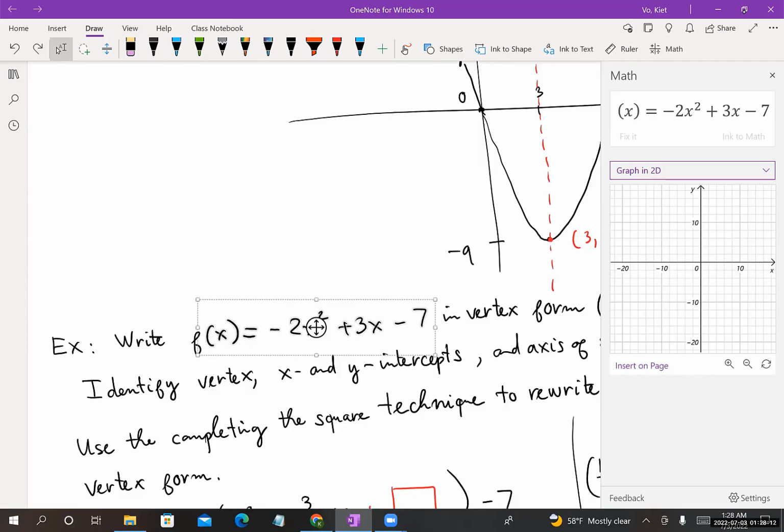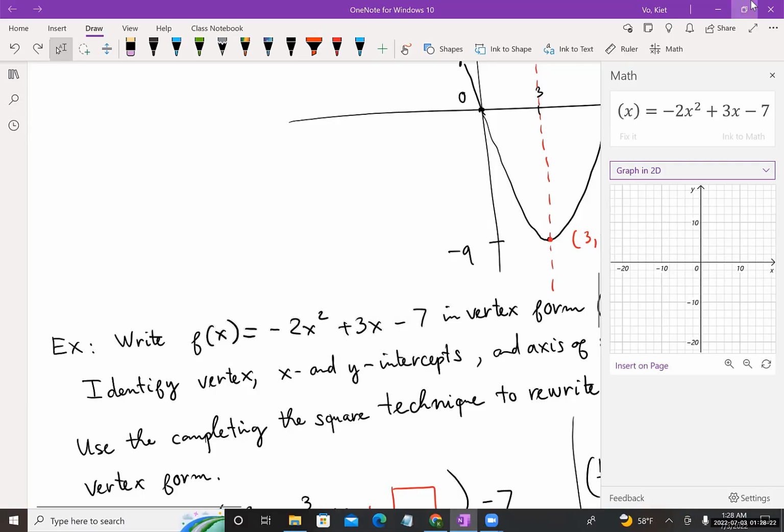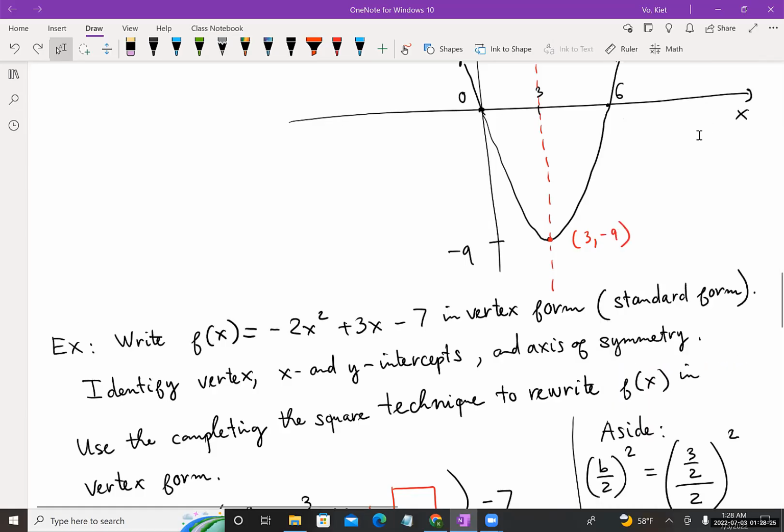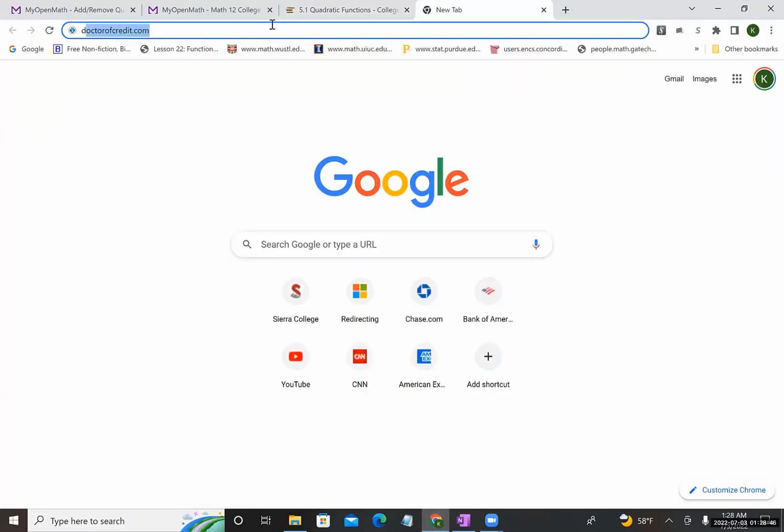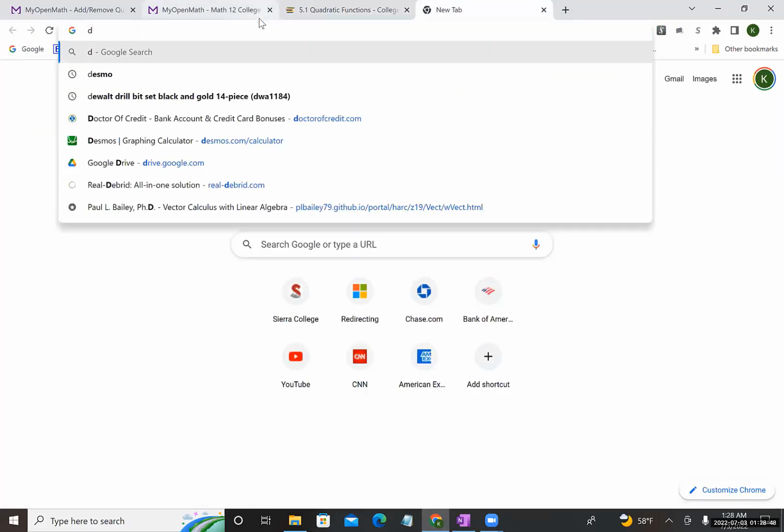The OneNote software has a math packet, and it should be able to draft that function. Maybe, let me see here. Anyway, I don't want to waste your time with this, so let me see this.